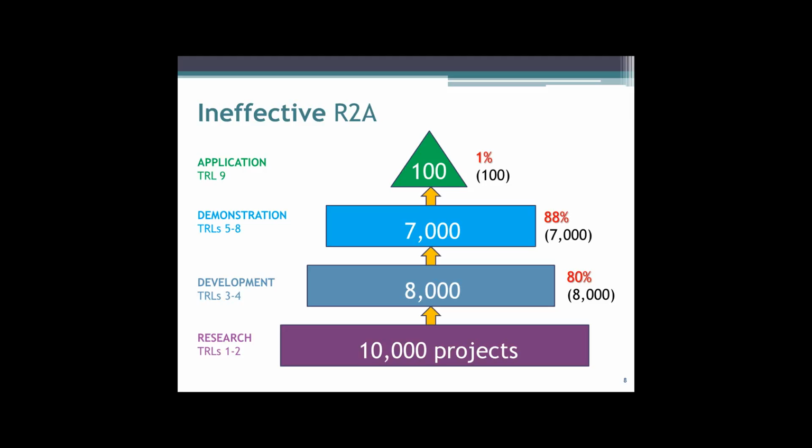Sure. You're welcome. So just wrapping up this argument here: the opposite picture of what might be going on in NOAA is this ineffective model where you have a lot of research projects that rapidly move up into a development phase inappropriately because it costs more to do that.